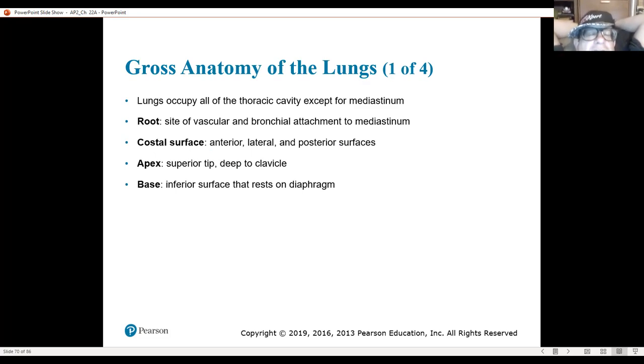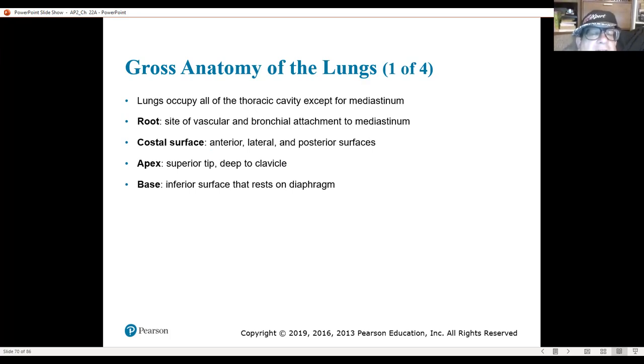The costal surface, costal means ribs, okay? So the anterior, the front of the thorax, lateral, the sides, the posterior, anywhere that you have ribs and the lungs are up against it, that would be the costal surface, or I should say the pleura are up against it.